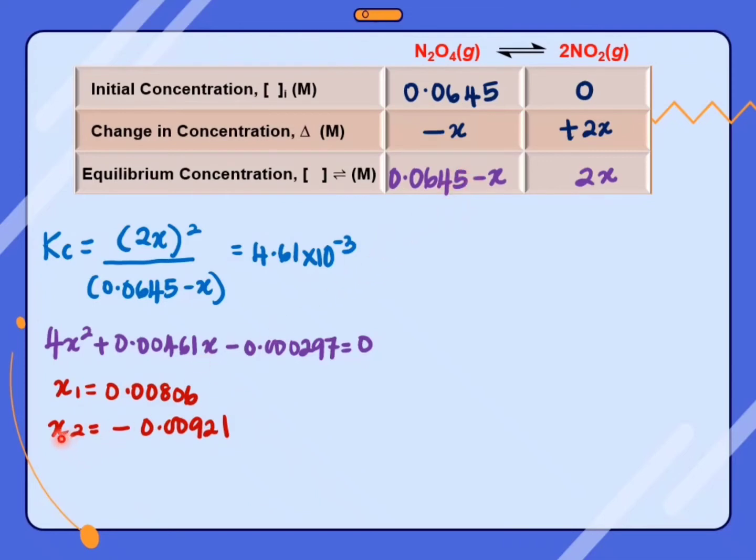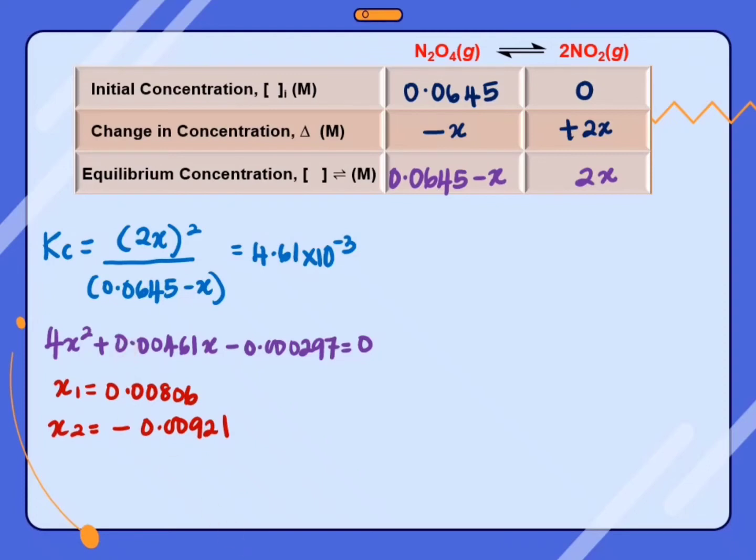If you choose X2, the value of X2 is negative. So if you put this value into 2X, you will get the equilibrium concentration of NO2 as a negative value. Can the equilibrium concentration, or simply a concentration, be negative? It cannot, class.